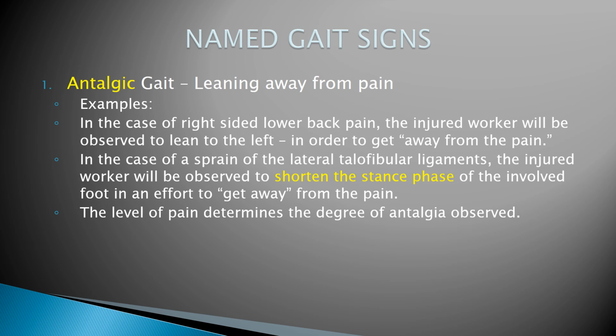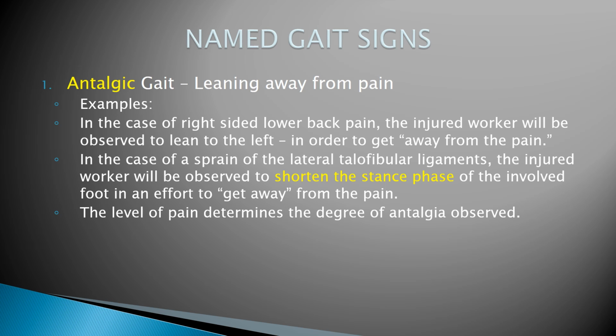So as another example, in the case of a person with an ankle sprain, sprain of the lateral talofibular ligaments, they would be observed to shorten the stance phase on that leg in order to get away from the pain. And we would call that a limp. You say that the person is limping.